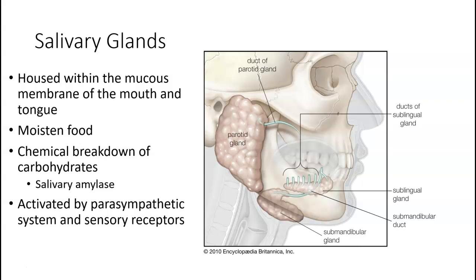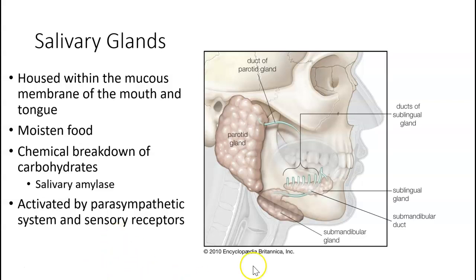So when you eat, let's say, a big bowl of spaghetti, as you're chewing it and mixing it around in your mouth, the salivary amylase in your saliva is going to help start breaking down the carbohydrates. It won't do it all. The food doesn't spend enough time in your mouth for all of the carbohydrates to get broken down, but it will get a start. There are three main salivary glands.